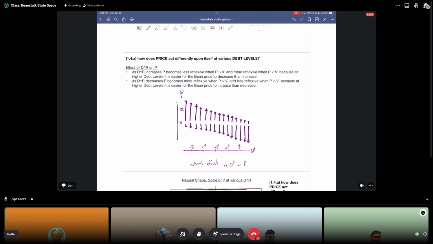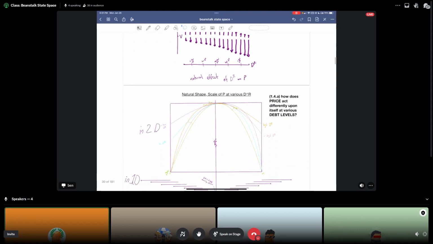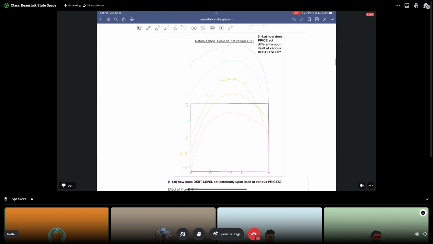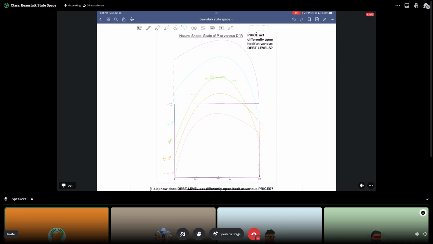So that's reflected in this arrow diagram, and this is reflected in 2 dimensions, which I think is much easier to visualize with something like this, where you can see at lower debt levels there's much more of a tendency towards a very high price, and it's harder for Beanstalk to approach a low price. At low debt levels, it's much easier for the price to increase, whereas at high debt levels, it's much easier for the price to decrease.